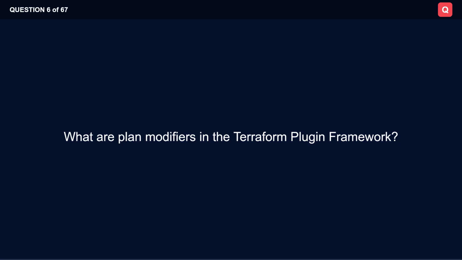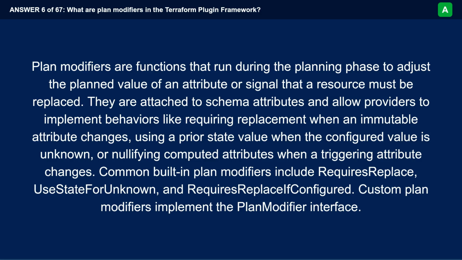What are plan modifiers in the Terraform plugin framework? Plan modifiers are functions that run during the planning phase to adjust the plan value of an attribute or signal that a resource must be replaced.